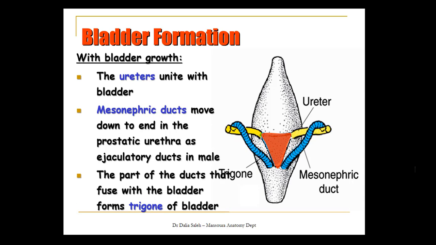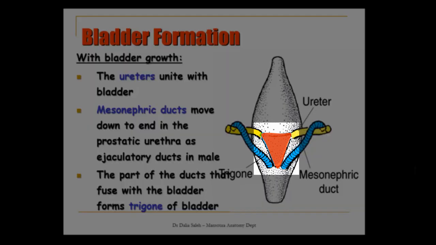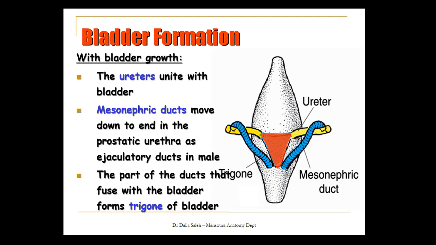The part of the ducts that fuse with the wall of the bladder forms the trigone of the urinary bladder. If you remember from pelvic lectures, the trigone lies at the posterior wall of the urinary bladder like a triangular area between the openings of the ureter and the entrance of the ejaculatory ducts.